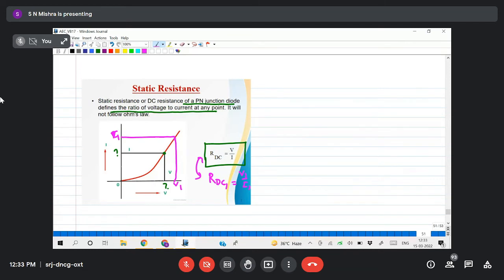Different, because it doesn't follow Ohm's law. Very good. So it is non-linear, which means it will not be the same. It will vary, because the current does not change in the same proportion as the voltage.